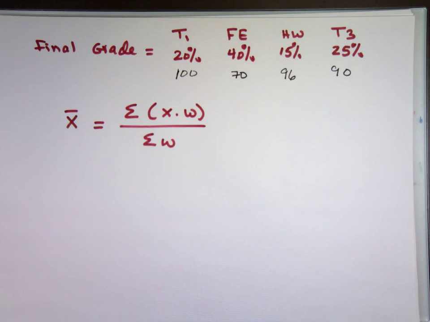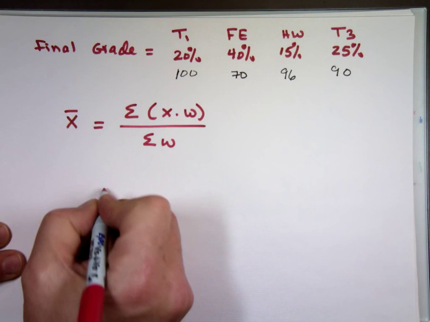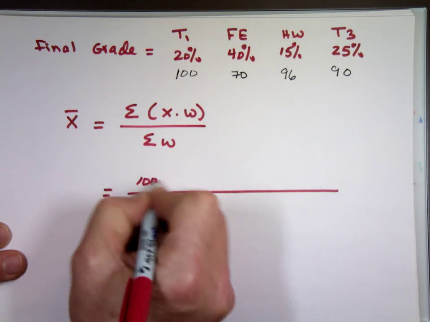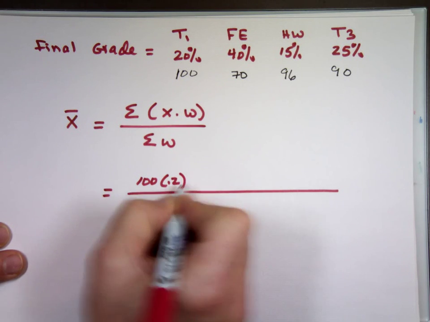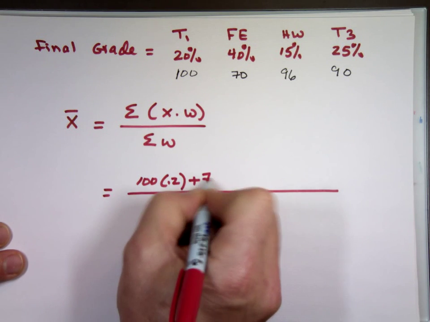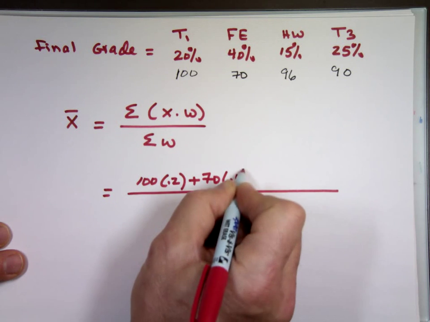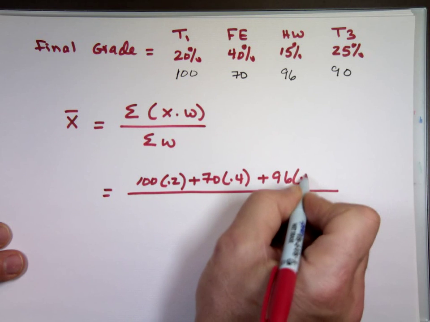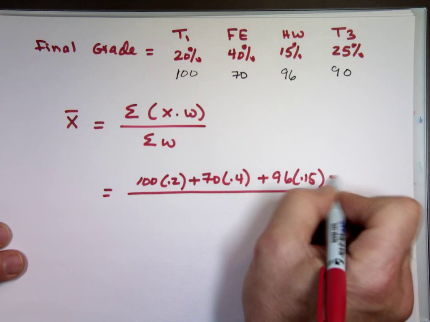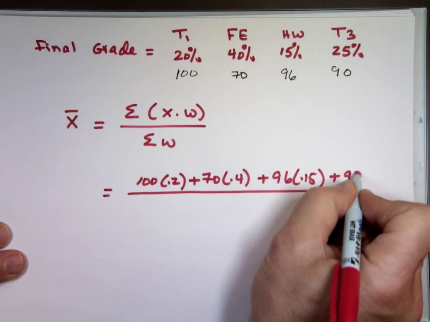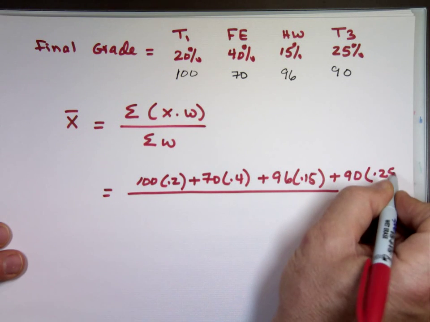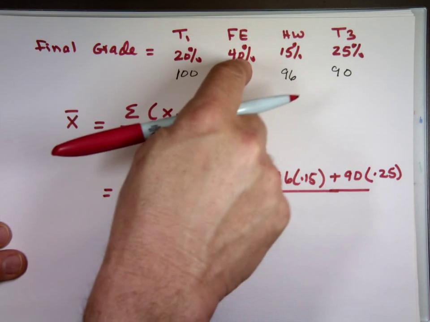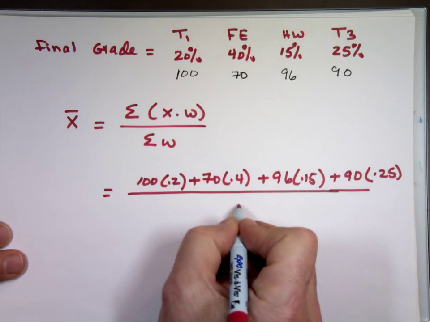So the average here will be what? 100 times 0.2, 20% is 0.2, plus 70 times 0.4, plus 96 times 0.15, plus 90 times what? 0.25. When you add all the percentages, the weights, 20, 40, 15, and 25, isn't that 100%? Divided by 1.